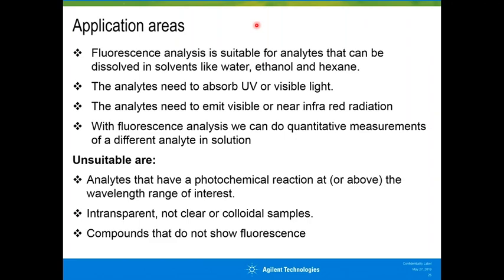These analytes need to emit visible or near IR radiation. With fluorescence analysis, we can also do quantitative measurements. So this is also a concentration-based detector. It can be connected to an HPLC system, and multiple peaks in a chromatogram can be analyzed simultaneously. That means multiple analytes in a sample can be analyzed using this technique.